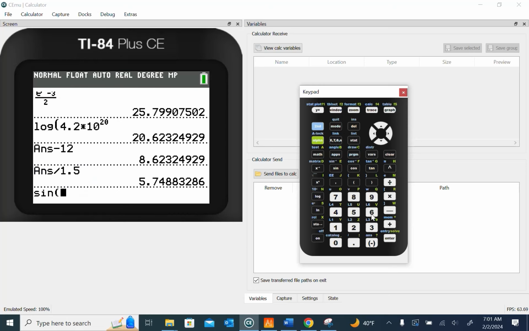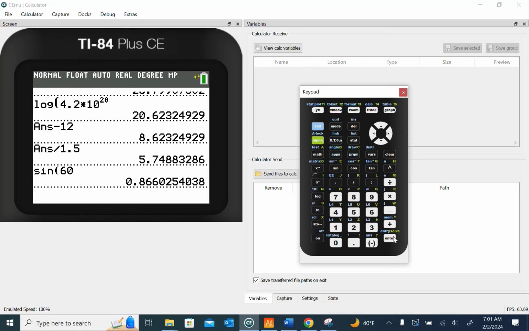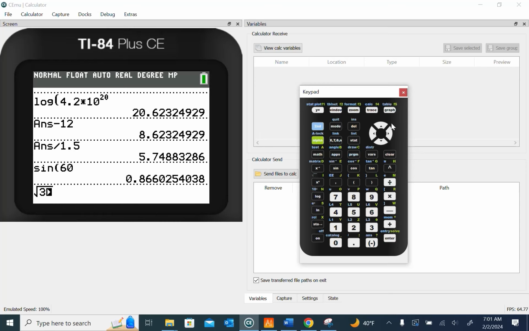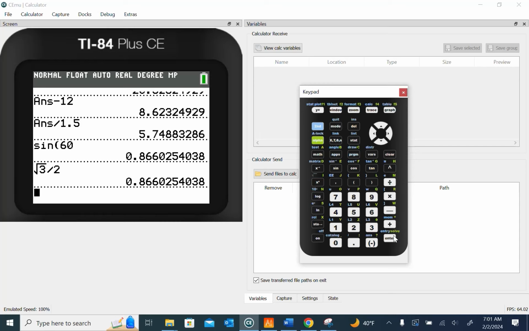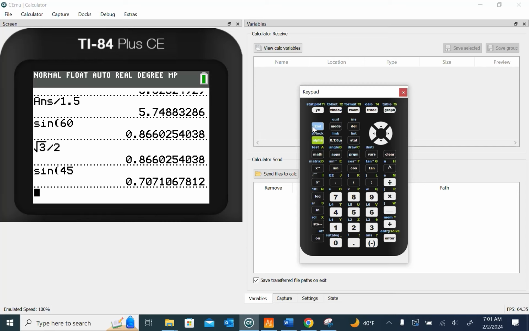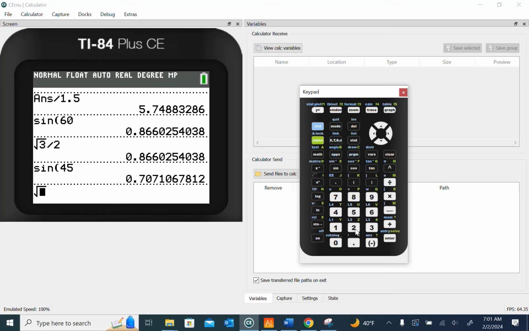So sine of 60 is that. That's the same as root 3 over 2, if I'm thinking right. Sine of 45 is going to be like 0.7 something, which happens to be the same as root 2 over 2.